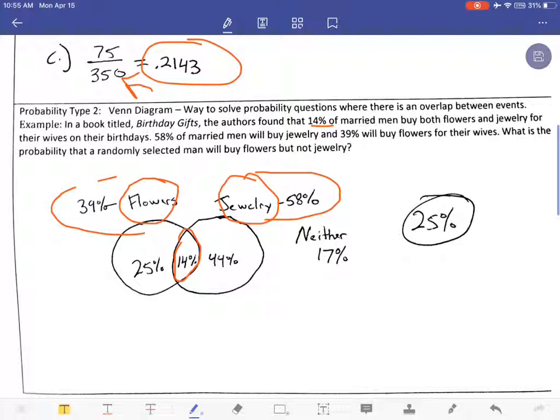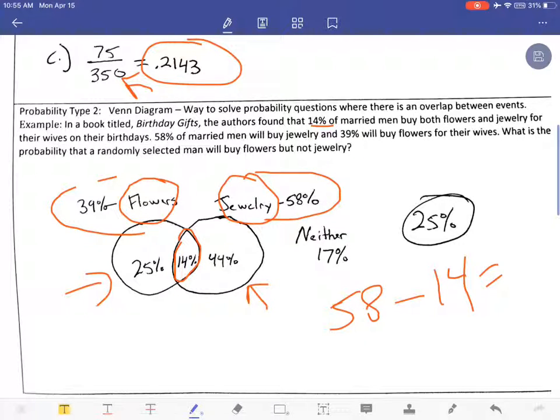The overlap is going to be in the middle of these circles right here. So the way that you get that 44% is to do 58, the total number of people that bought jewelry, minus the people that bought both, which gives us 44%. So 44% of men only bought jewelry. And then there's that 14% that bought jewelry, but then they also bought flowers.